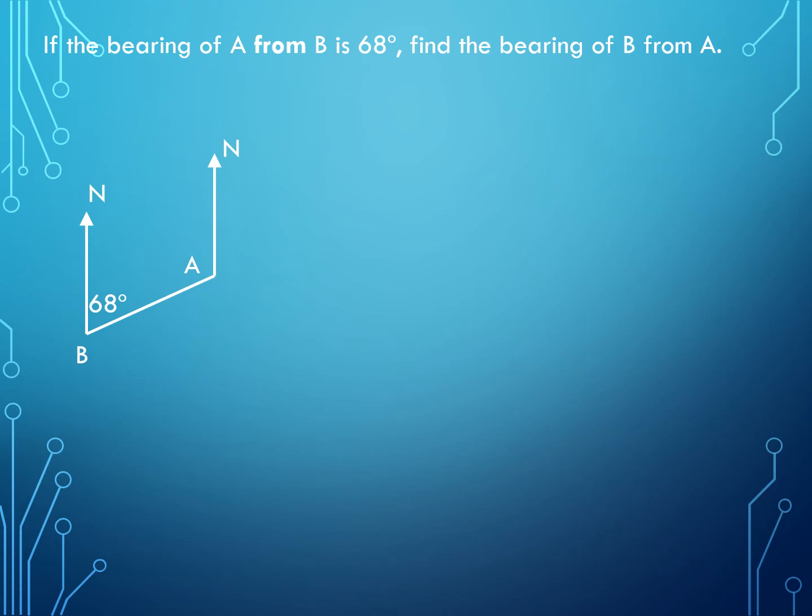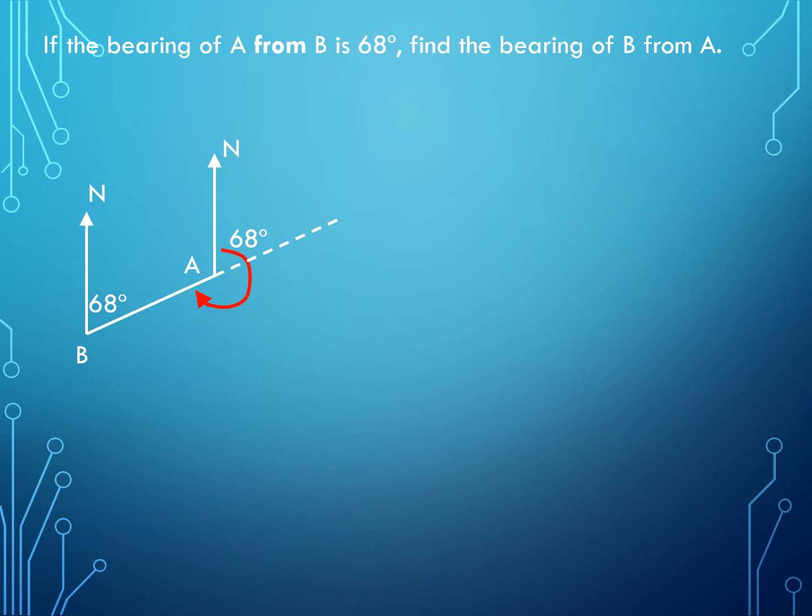So the north line at B and the north line at A should both be heading up straight to the top of my page. The angle I want to find is this red one here. So what I'm going to do is extend my shape a little bit so that I can create my F shape, and in doing so I know 68 degrees is what's missing there from my north line round to my dashed line.